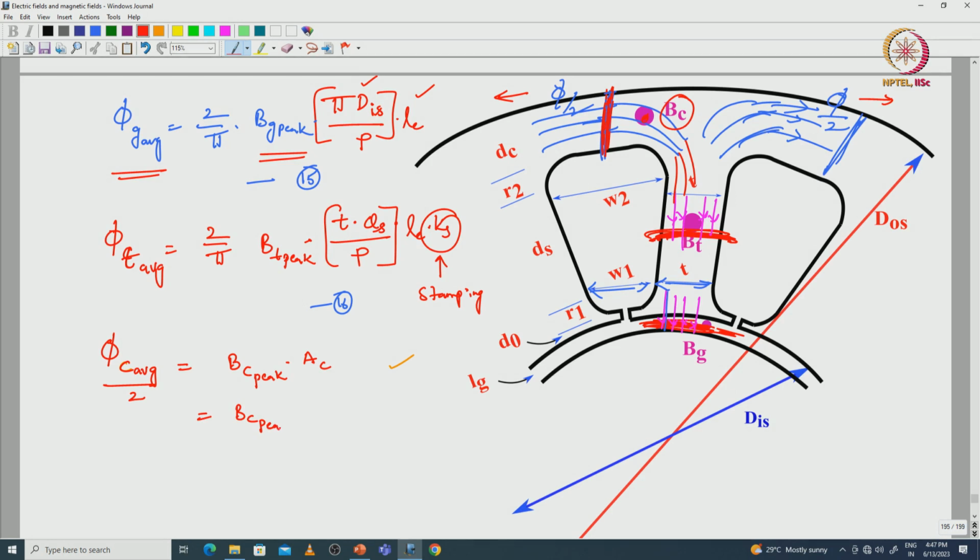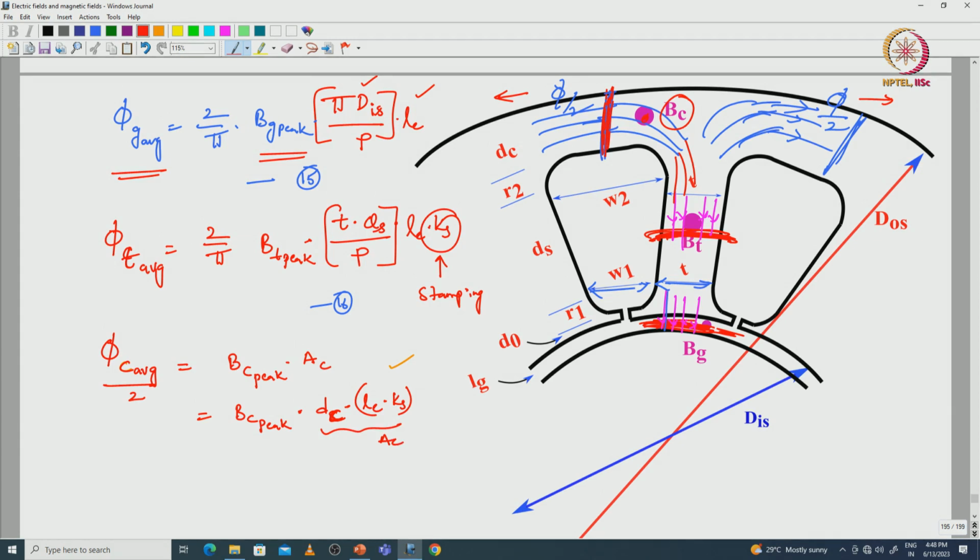Bc peak is nothing but the maximum flux density in this core or back iron portion, into the area, which is nothing but Dc, the back iron depth, and Le into Ks is the y axis length. So, this is the total area with respect to the back iron.